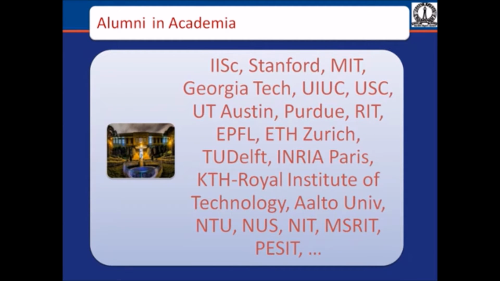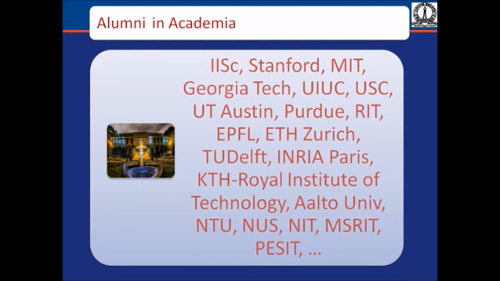Several alumni, after graduating with either MTech research or PhD, have also gone to various top universities in the world, which include all the top schools, as you can see: Stanford, MIT, Georgia Tech, Urbana-Champaign, Southern California, and so on.